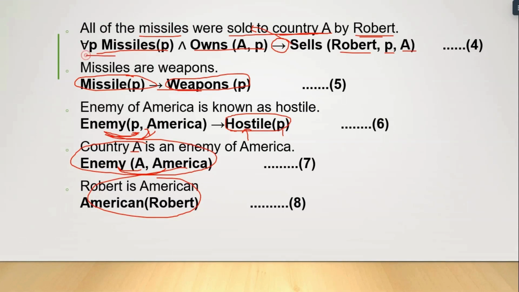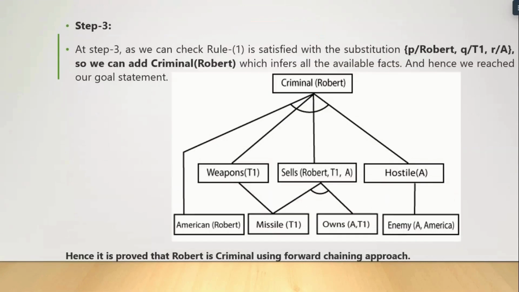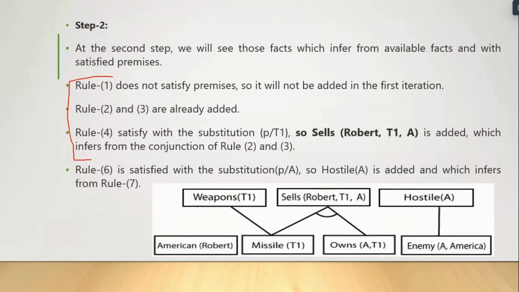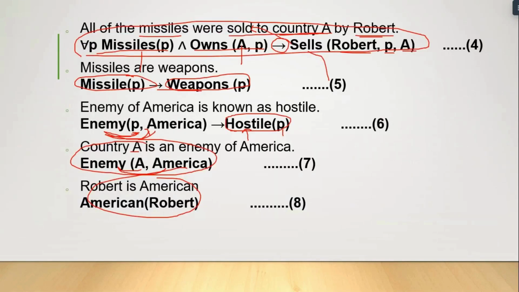You can see this sentence in equation number 4: missile and owns of A implies sells of Robert, P comma A. So missile of T1 and owns of A comma T1 are combined with an AND operation, making sells of Robert comma T1 comma A. Next, missile implies weapon of T1. So let us check the sentence.